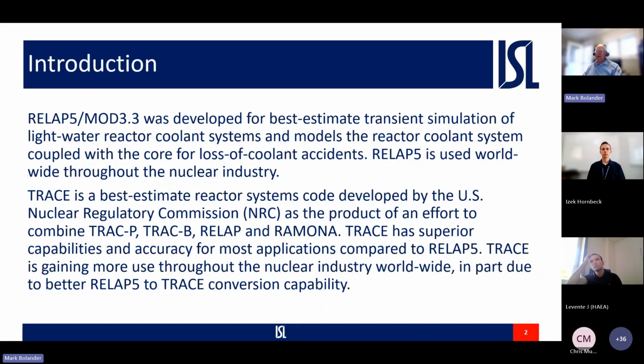RELAP5 has been used worldwide throughout the nuclear industry for a long time. TRACE also is a best estimate reactor systems code developed by the US NRC, in an effort to combine TRAC-P, TRAC-B, RELAP, and RAMONA all together. TRACE has superior capabilities and accuracy for most applications compared to RELAP5.